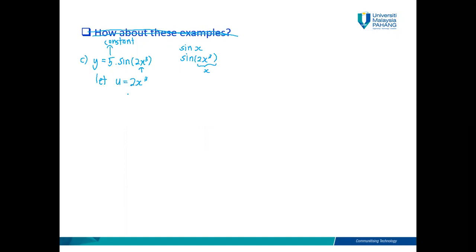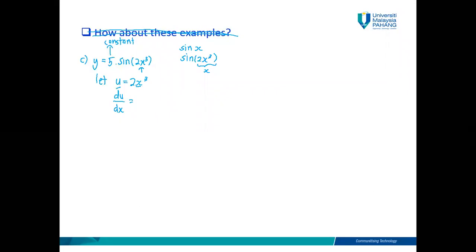Okay? So differentiate u with respect to x, so du over dx lah. Dua ni adalah constant lah. Okay, ni adalah jadi power, so power rule lah.